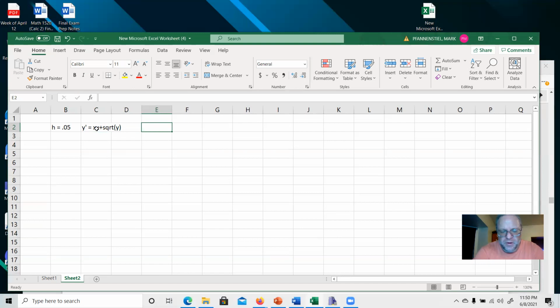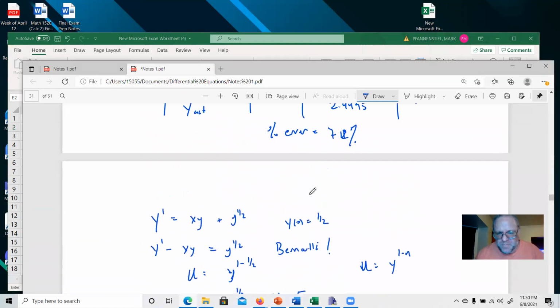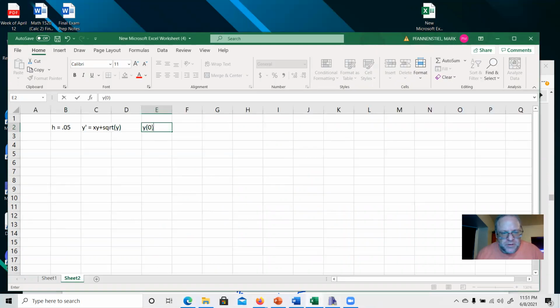That was equal to xy plus the square root of y. And we had y of 0 equal to what? Back to our beginning here, y of 0 was 1/2. So let's double check that. We have our x, we have our y, and we have y prime equal to xy plus the square root of y.